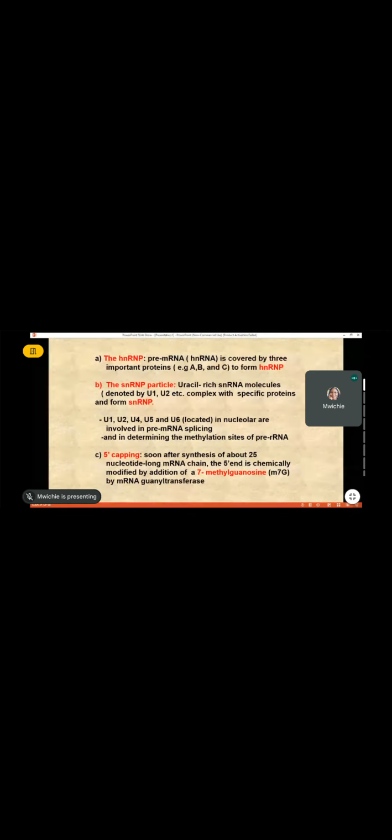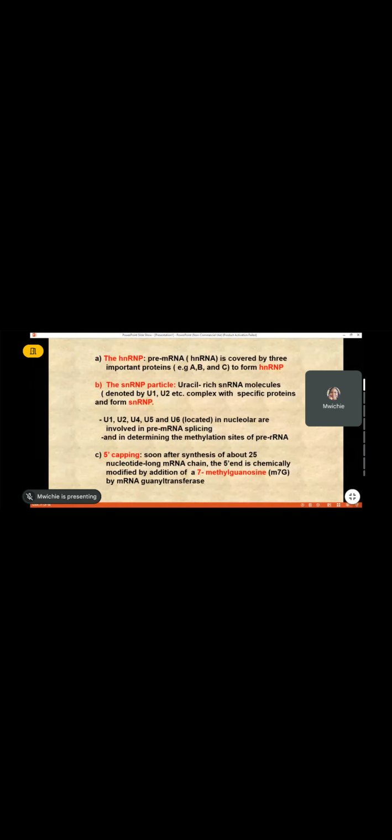These are denoted by different names, such as U1, U2; you don't have to know this. All these complexes together with more specific proteins form the snRNP, which is another complex used to identify how the mRNA is going to be spliced or cleaved.